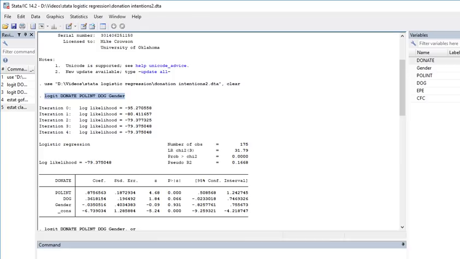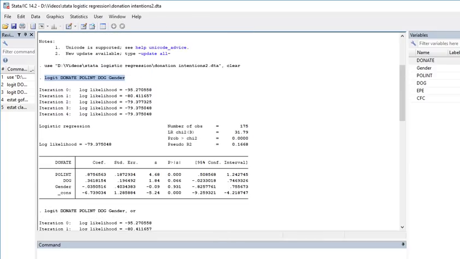And so that's essentially the command for generating a logistic regression. So if you can start to kind of learn some of the syntax, it can be a little bit quicker and offer a little bit more flexibility when it comes to testing models than just running it through the menu. So just to kind of highlight this, I'm just going to copy this and put it down in the command line and then enter.